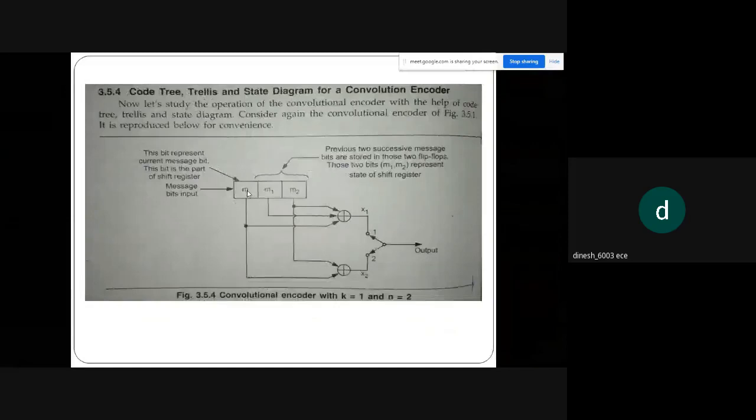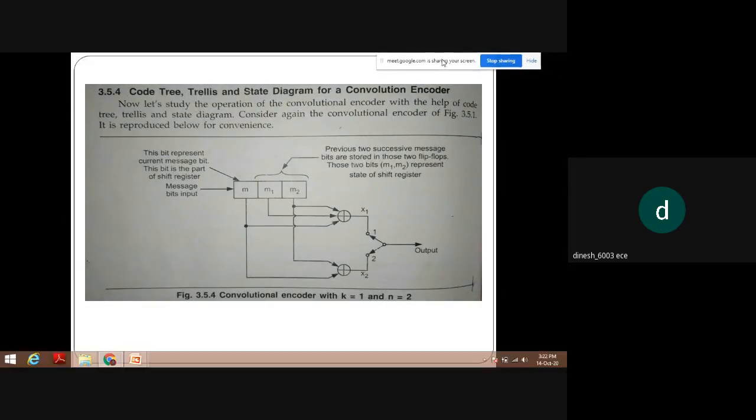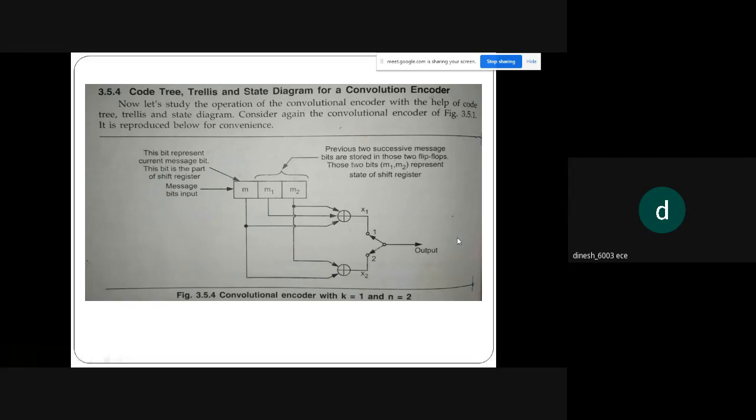To go to the next topic with the same type of convolutional encoder, we are going to see three different concepts. Same capital K is equal to 3, small k is equal to 1, and n is equal to 2.